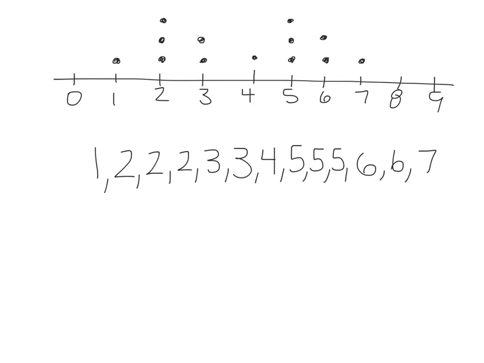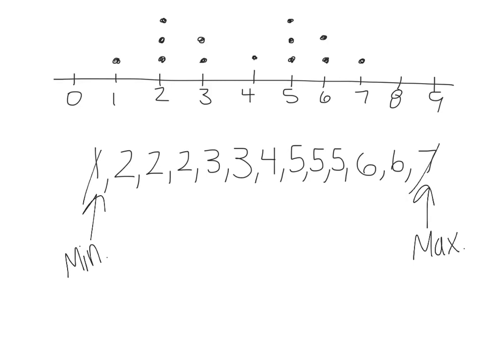So this is a useful thing to know how to do, because when we are given a dot plot and asked questions like find the minimum, find the maximum, what's the median, questions where we are finding the data landmarks, it's a lot easier to find them with a list of numbers rather than these dots. Because now I can look and easily say, okay, the minimum here is 1, here's the maximum, 7.